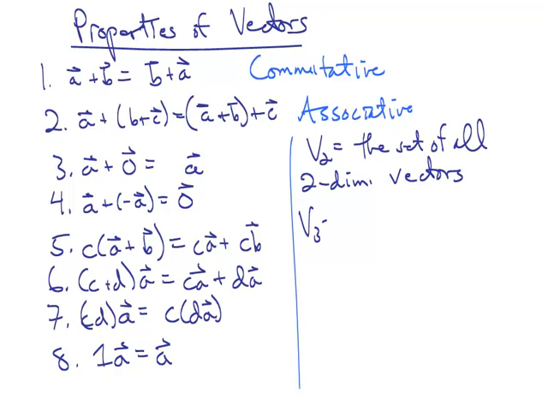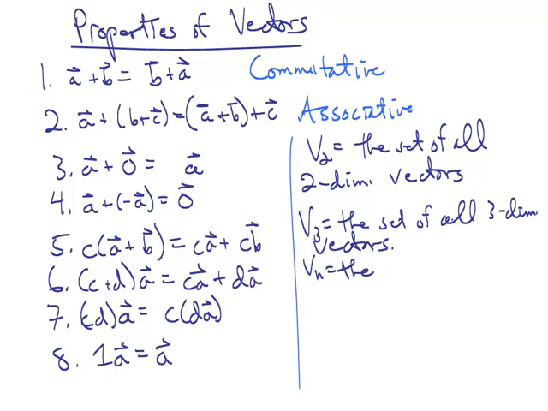If we talk about V3, we're talking about the set of all three-dimensional vectors, the ones we've been looking at mainly for our examples, but this can expand. It's very difficult to draw once we get past 2 or 3, but we can certainly talk about V sub n, any dimension. The set of all n-dimensional vectors, we will call V sub n.